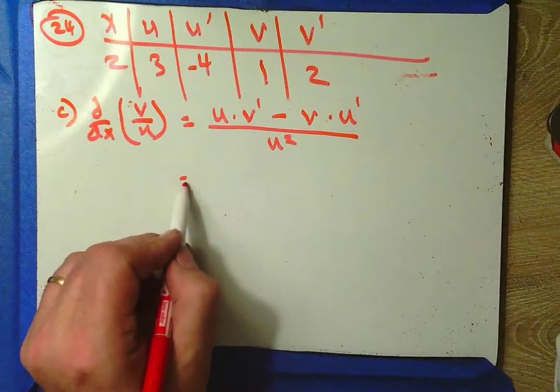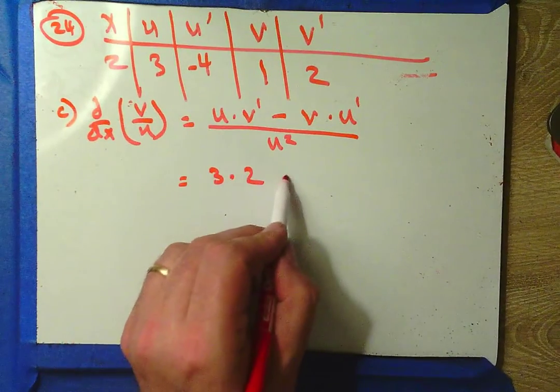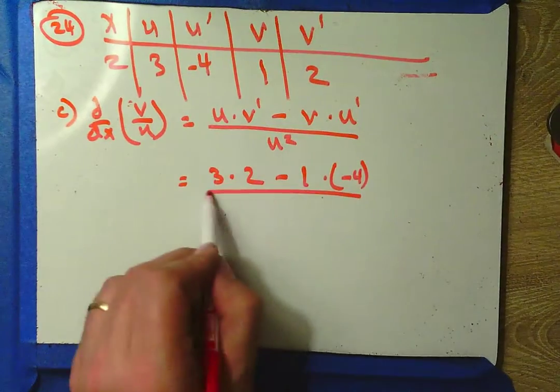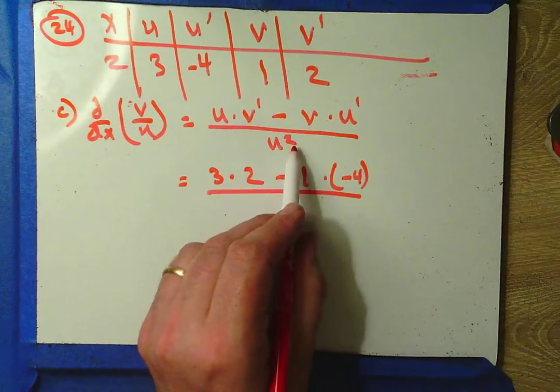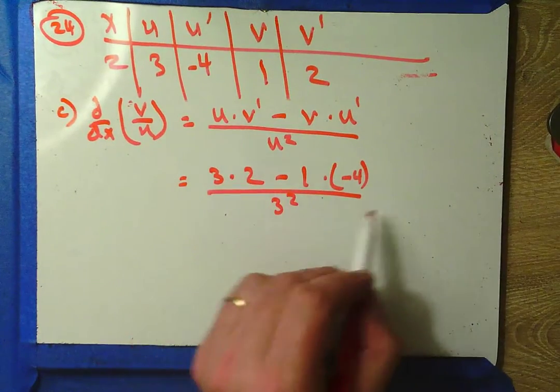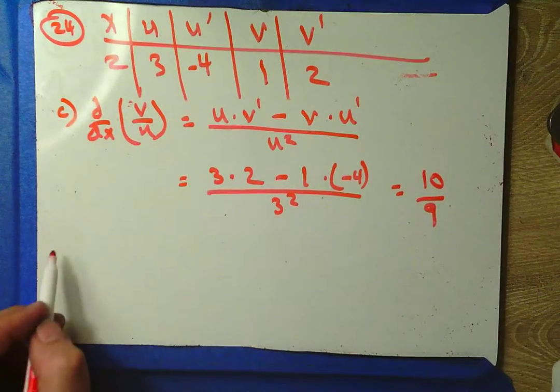So when I evaluate this derivative at 2, I'm going to have 3 times 2 minus 1 times negative 4 all over u of 2 squared, which is 3 squared. So I end up with 10/9.